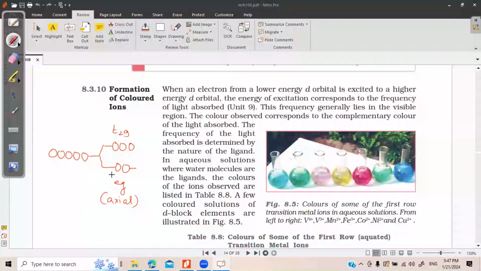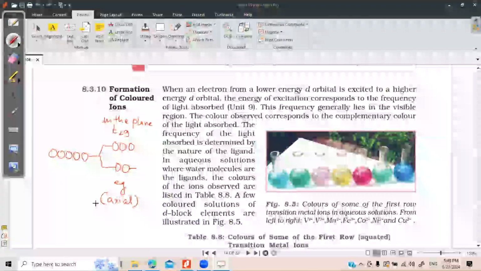The orientation of eg orbitals is on the axis, whereas t2g orbitals have their orientation in the plane. So, depending on the position of the ligand, which we will be studying in the next chapter, the splitting of d orbitals takes place.